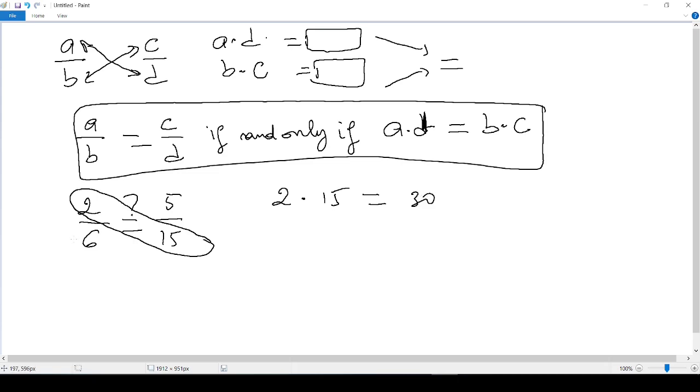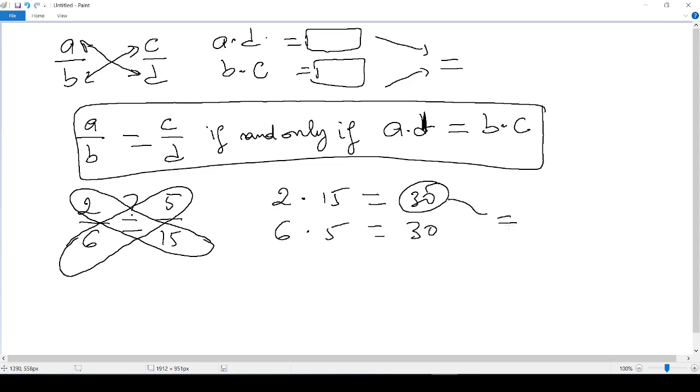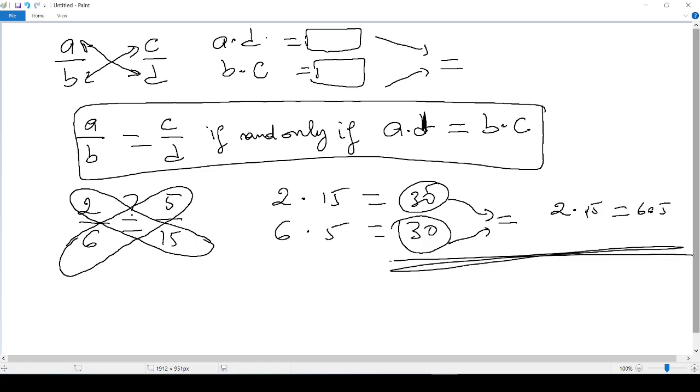And then we multiply 6 times 5, equal to 30. So 30 equals 30. This means 2 times 15 equals 6 times 5, right? So once we have the same result, we can conclude that yes, 2/6 is equivalent to 5/15.